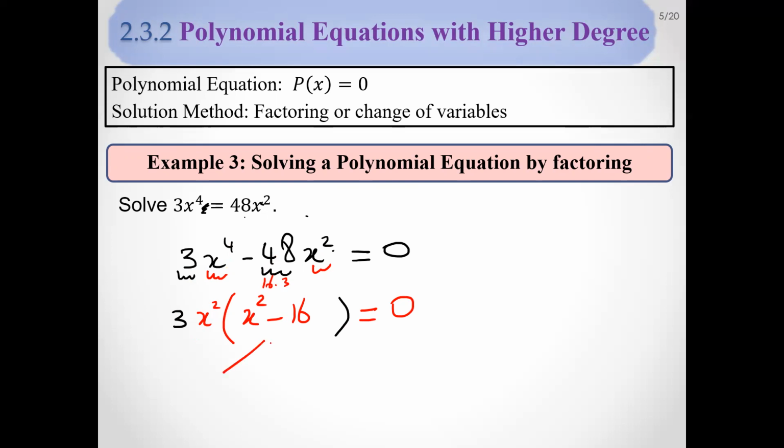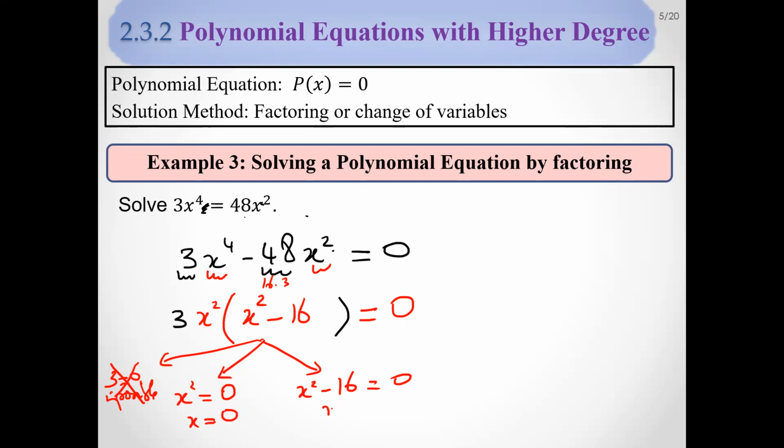And we use the rule that if the product is 0, it means one of the factors is 0. So we get x squared is 0. We can also write 3 is 0, but this is impossible. So x squared is 0, or x squared minus 16 is 0. This gives x equals 0, and this gives x squared equals 16.